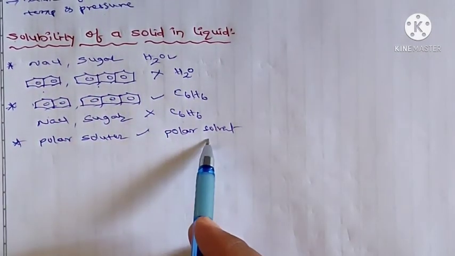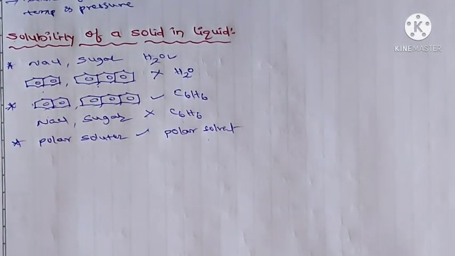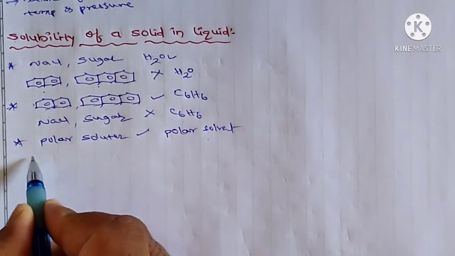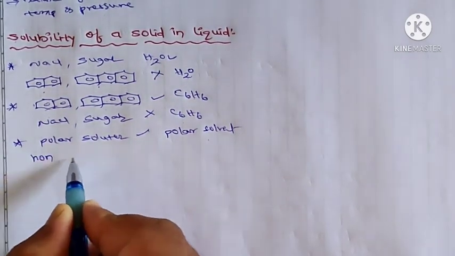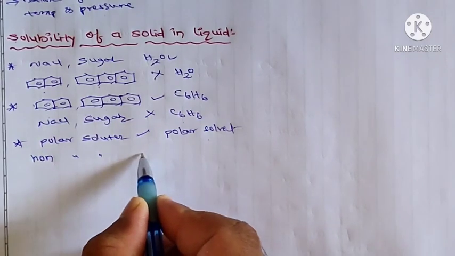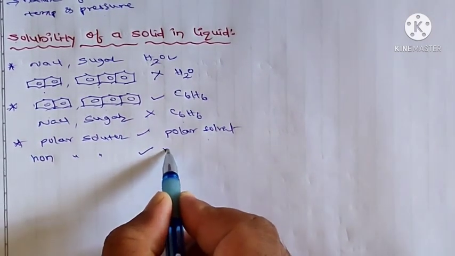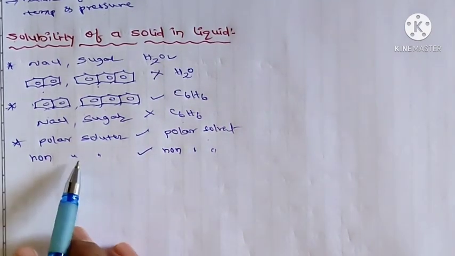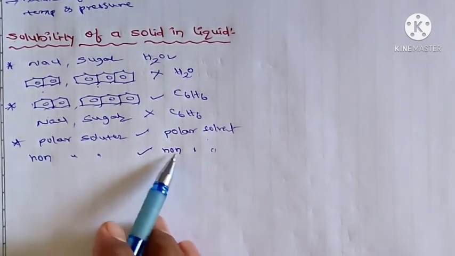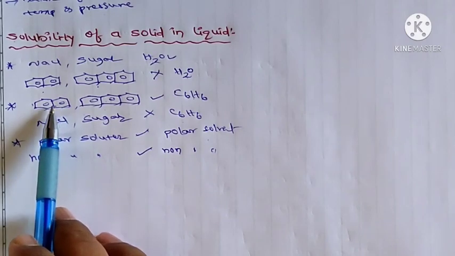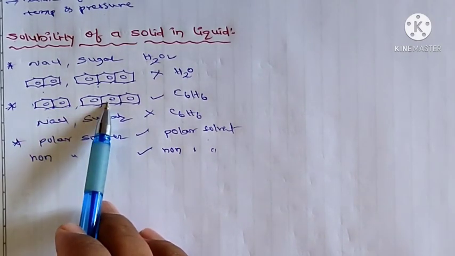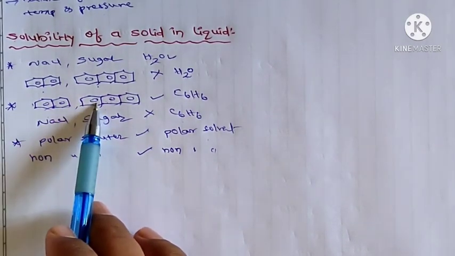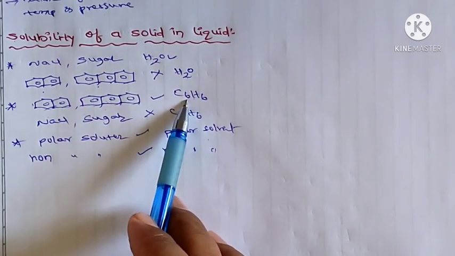So polar solutes dissolve in polar solvents, and non-polar solutes dissolve in non-polar solvents, like naphthalene and anthracene, non-polar solutes, and benzene, a non-polar solvent.